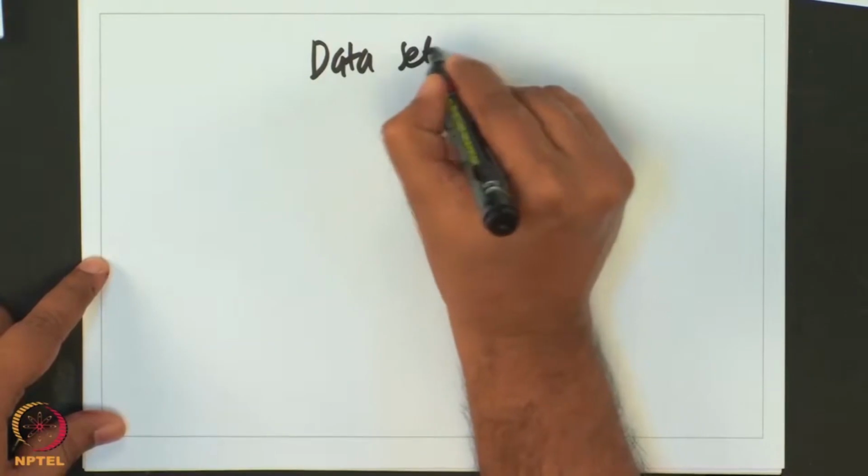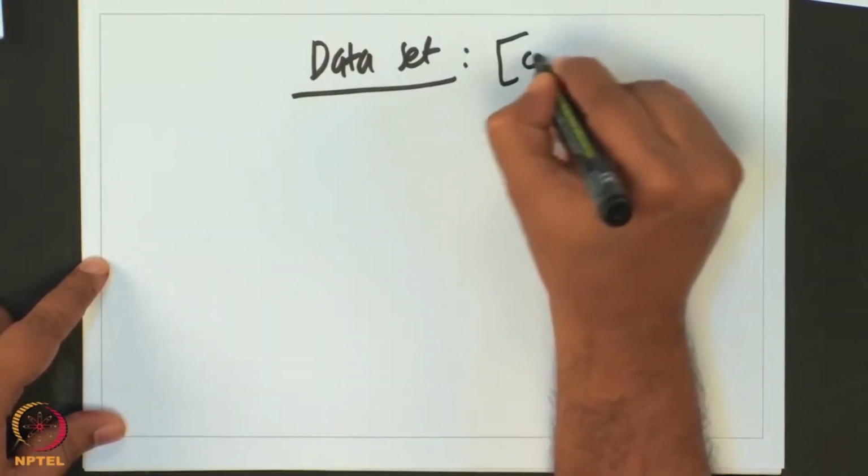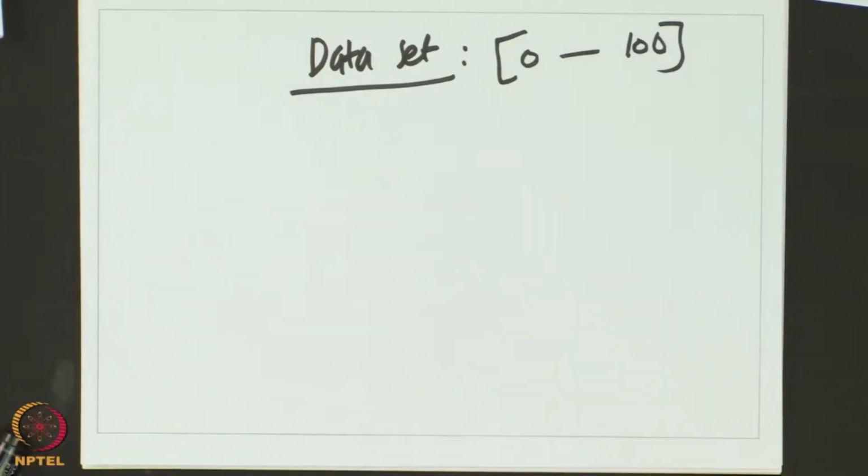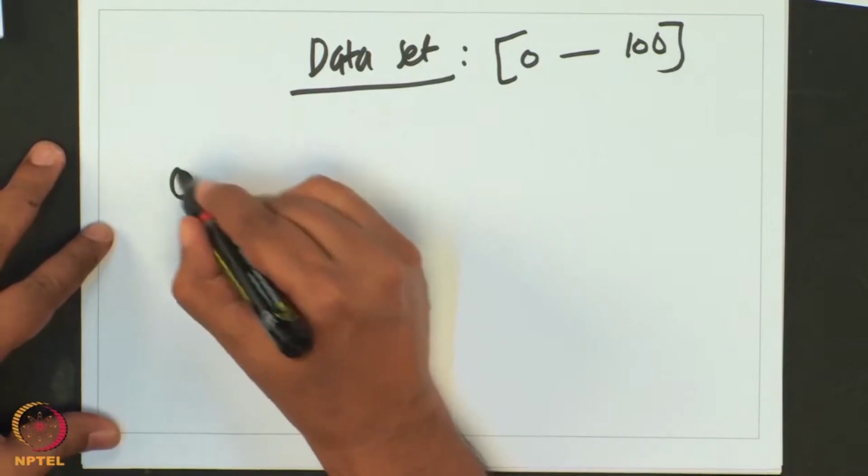So imagine that you have marks or any quantity between some numbers, let us say between 0 and 100. We would have a lot of numbers, all possible numbers between 0 and 100. We could ask a question: in the huge data set given to us, how many numbers are there between 0 and 10?